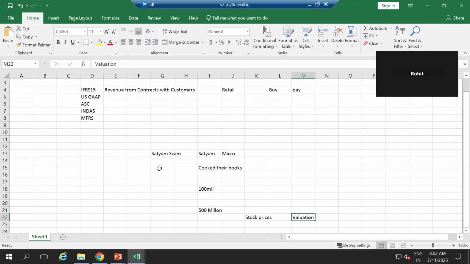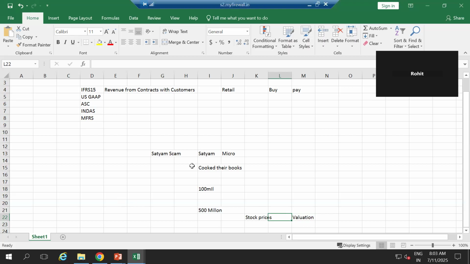So that investors like you and me, everybody will try to jump in and say, hey, SACHM is doing wonderful. Let's buy the shares. So they tried to cook their books by increasing their revenues, increasing their numbers. They inflated the revenue numbers and everything. They cooked their books and that's how the downfall started.